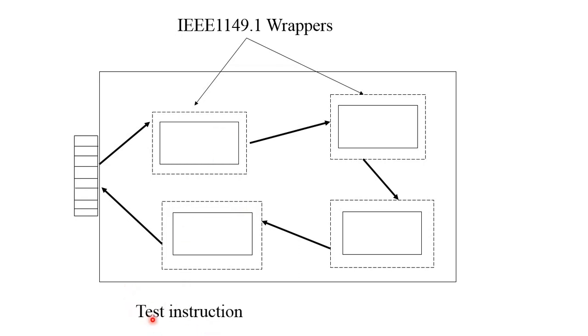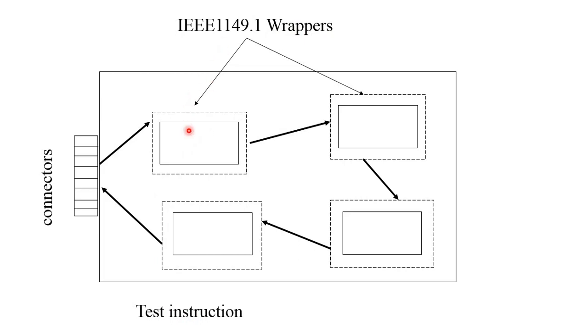These test instructions are sent through the connector. Through the connector I can feed my signal. What test I am going to do, I can send as the test instruction. This test instruction is decoded in the wafer.